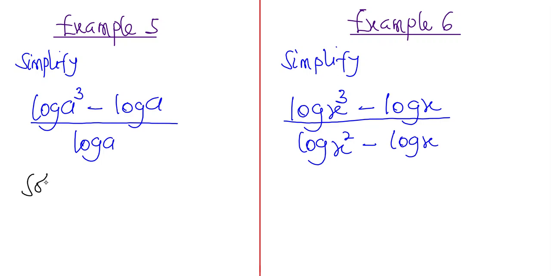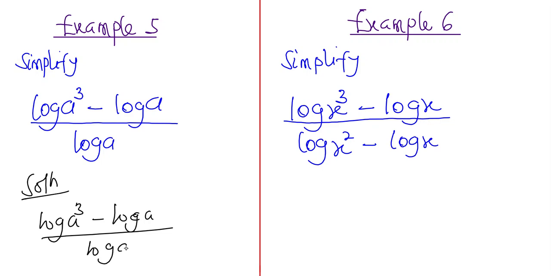So without wasting time, then we have our logarithm of a exponent 3 here minus logarithm of a, and then we have logarithm of a now divided by the log of a.